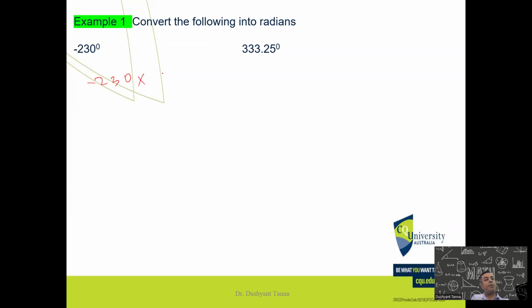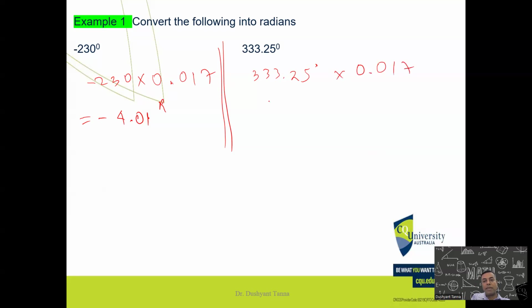1 degree is 0.017, if I'm not wrong. And that will be 230 times 0.017, which is minus 4.01 R. R as a power just indicates it's a radian measure. Again, 333.25 degree times 0.017.